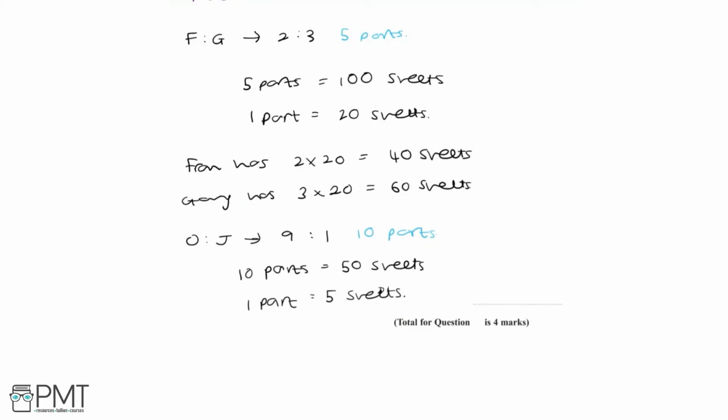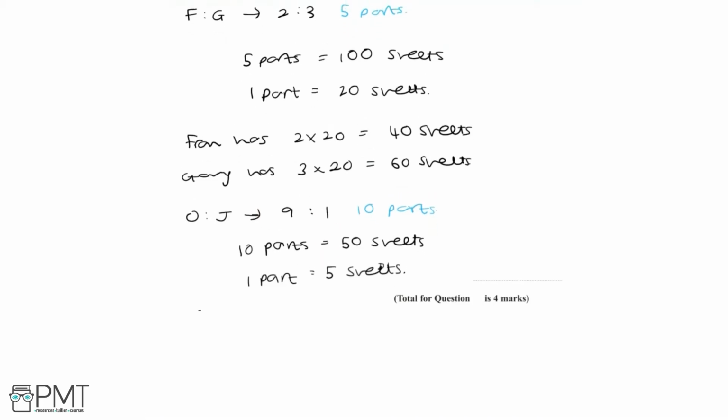We know that Olivia gets 9 parts, and Jessica gets 1 part, and so Olivia will get 9 times 5 equals 45 sweets, and Jessica has 1 times 5 equals 5 sweets.